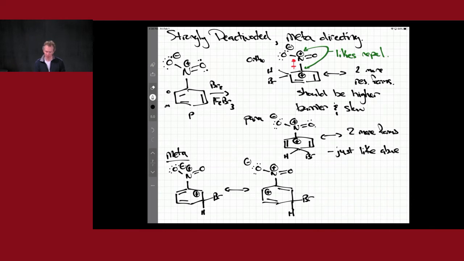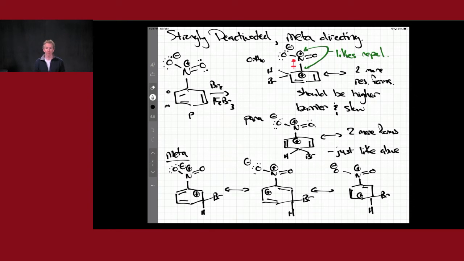It's the same distance away as it was before. If we go to the last one, we now have the cation on the other side. Again, it's ortho to where the bromine is, but it stayed even farther away from where the cation on the nitro group is.